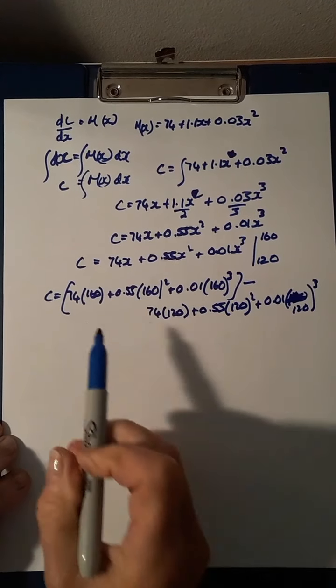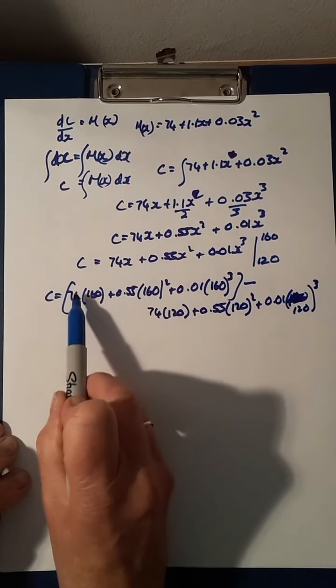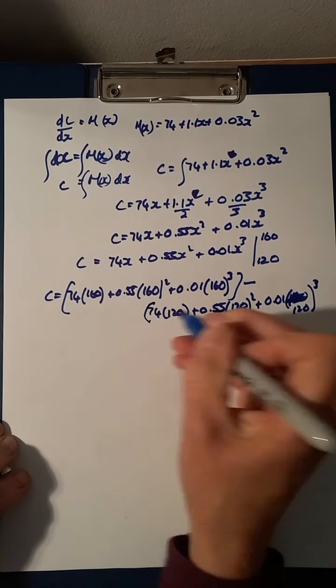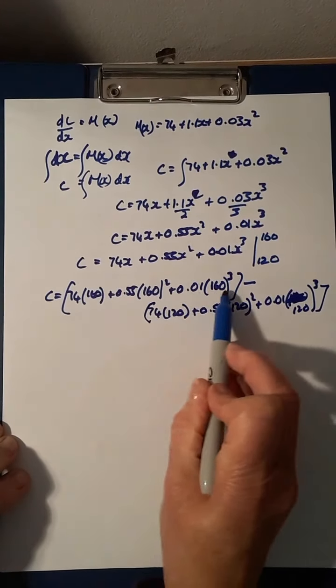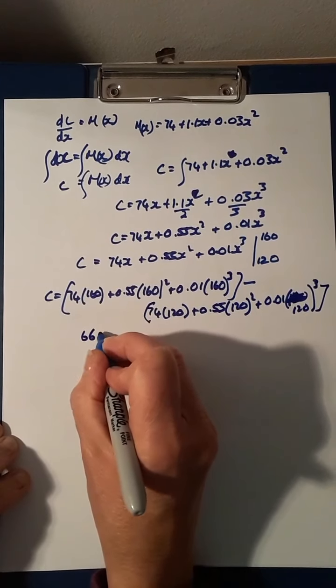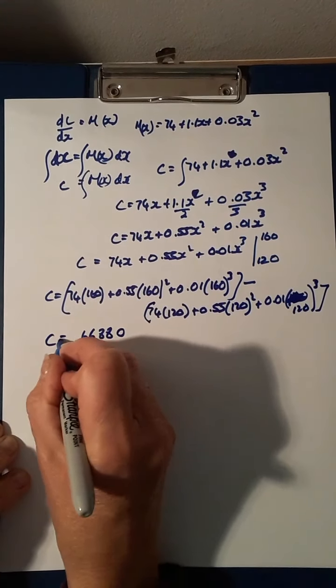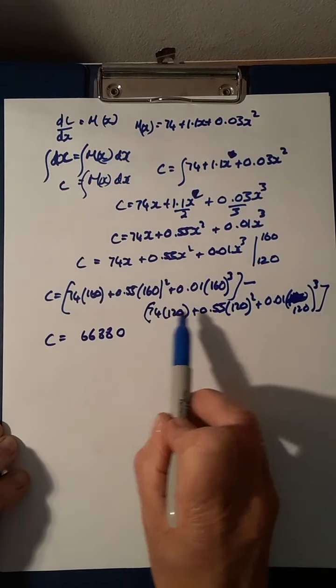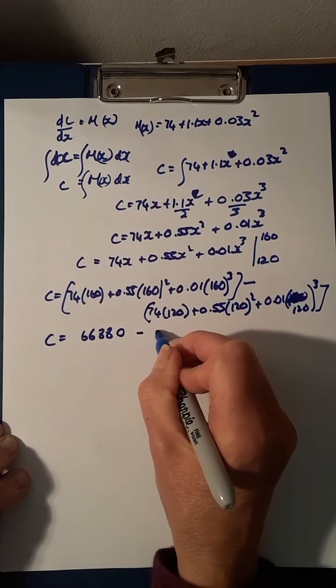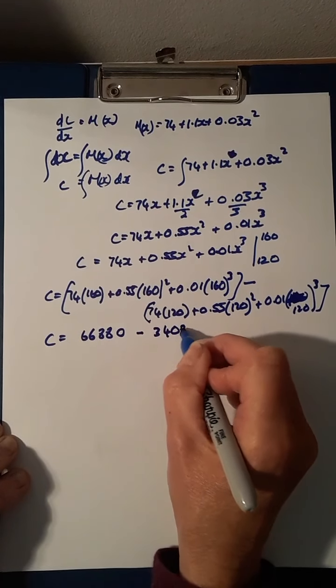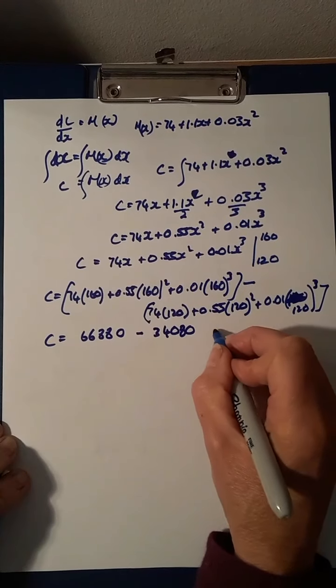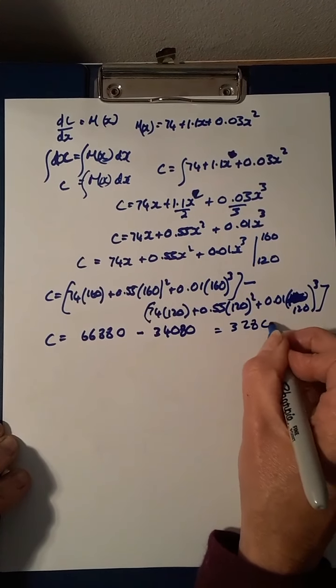Okay, so when I put that first bracket into the calculator, this entire part here is 66880. And when I put the second bracket into the calculator, this is 34080. And then when I subtract them, I'll get 32800.